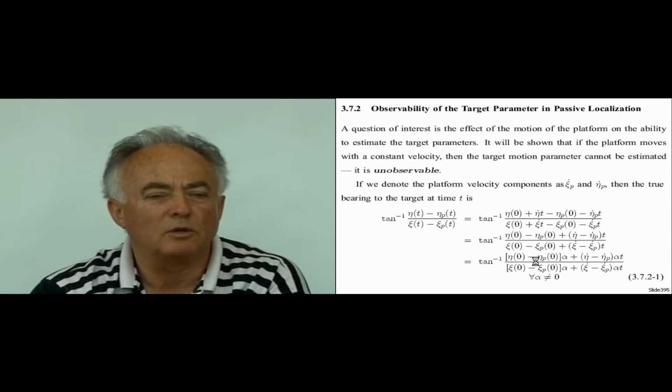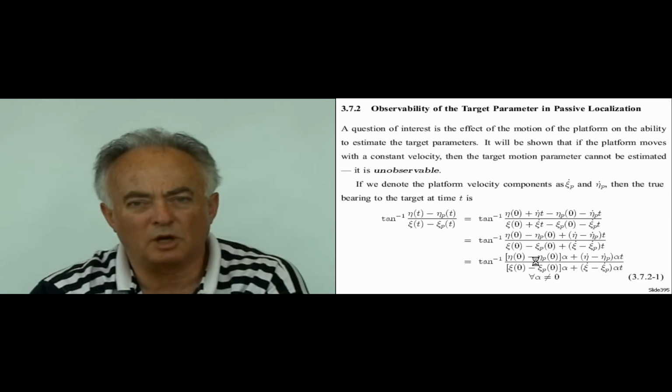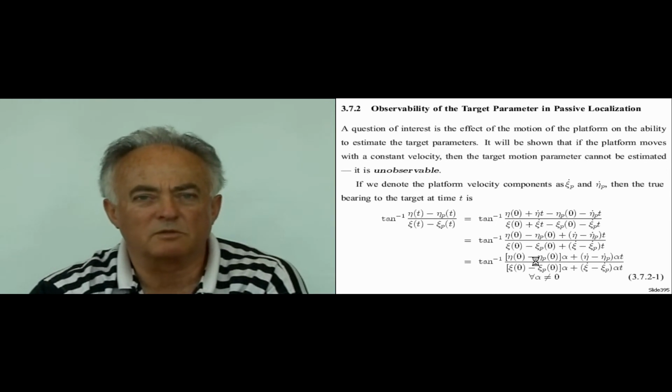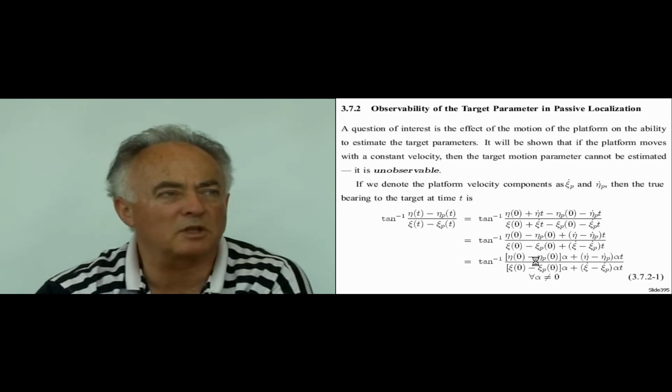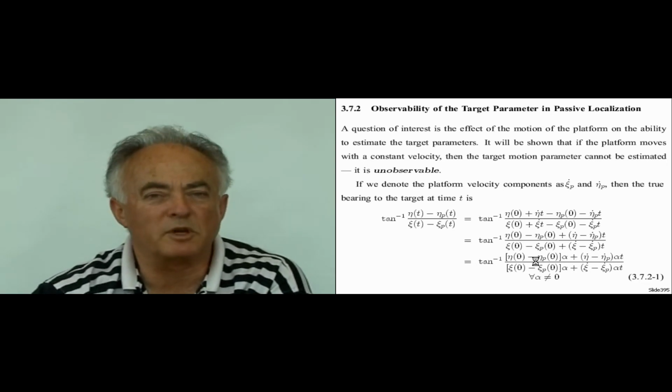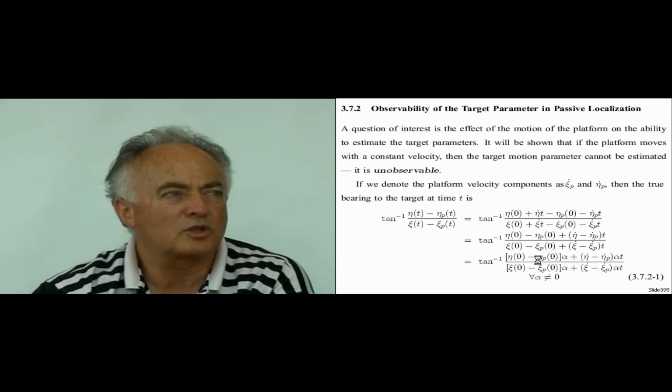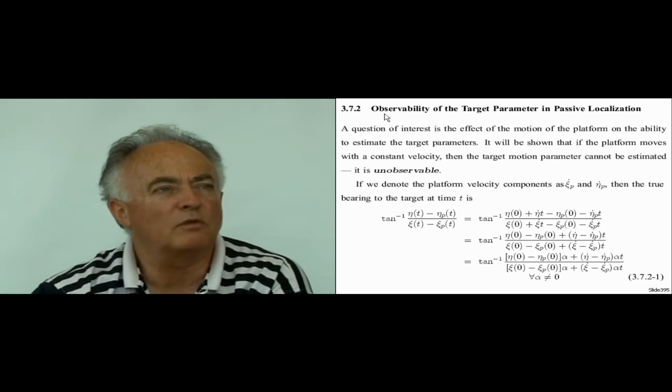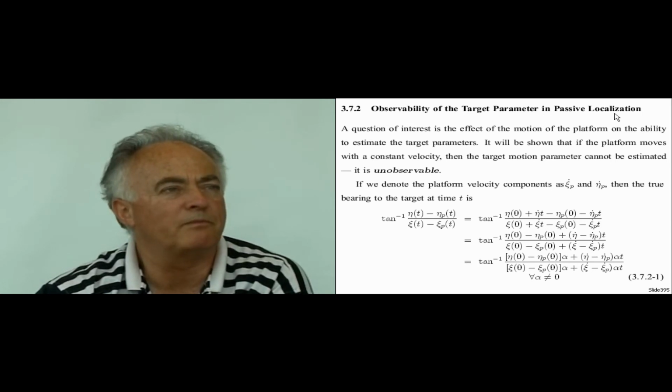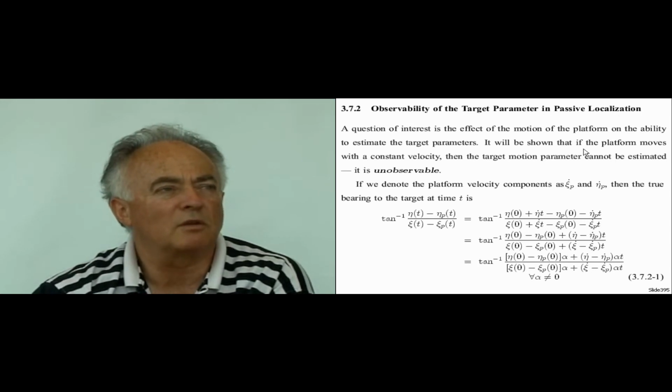Now, before we try to solve a problem where we want to estimate a parameter, we have to make sure the parameter is estimable. We can estimate it. Do we have enough information in the data? Now let's look at the observability of the target parameter in this passive localization problem. It turns out there will be an effect of the motion of the platform.